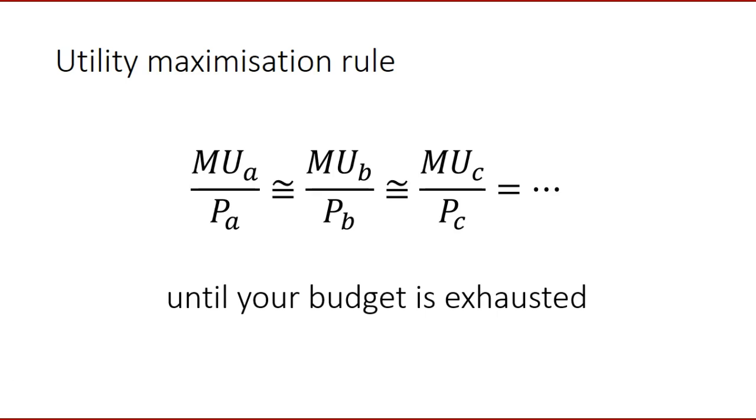That is, when all of your money is spent. That's our utility maximization rule, where the marginal utility per dollar is equal amongst all of the goods that we want to consume, up to the point where our budget is spent.